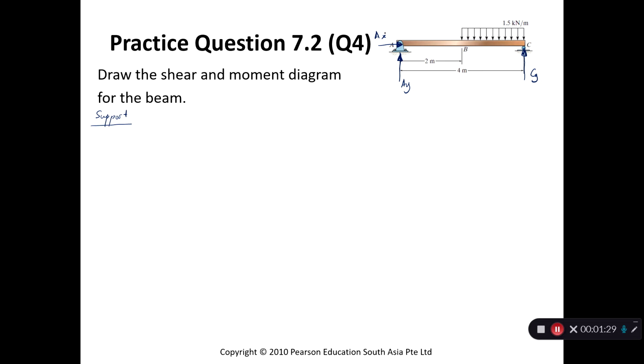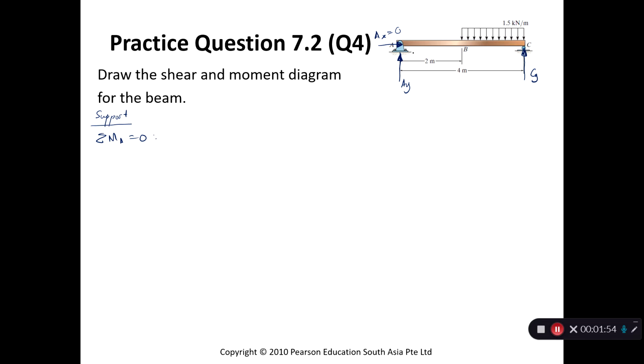So AX, you can immediately put it as 0, and then we have two unknowns, AY and CY. So you can't use summation of force in y direction equals to 0. What we have to do instead is calculate moment. So I'm going to calculate moment about point A so that we can find CY.